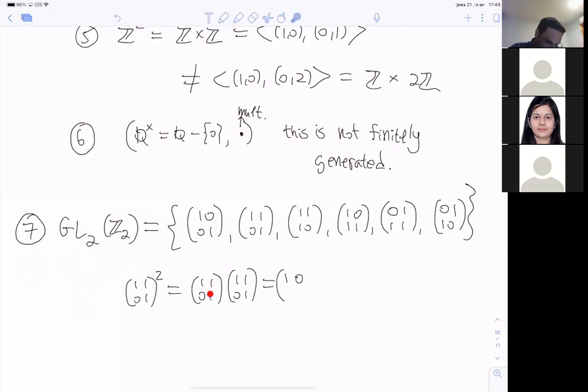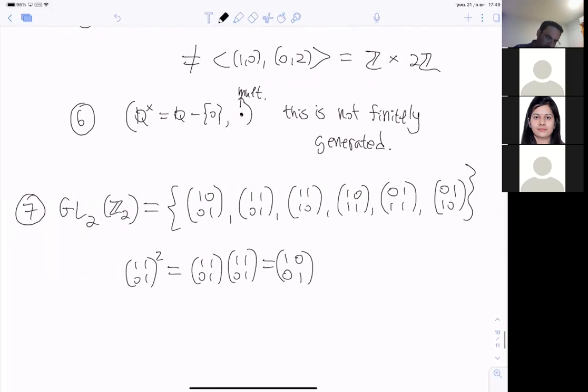And 0 plus 0 is 0. And 0 plus 1 is 1. So it turns out that the inverse of this element is itself, because you got here the neutral.